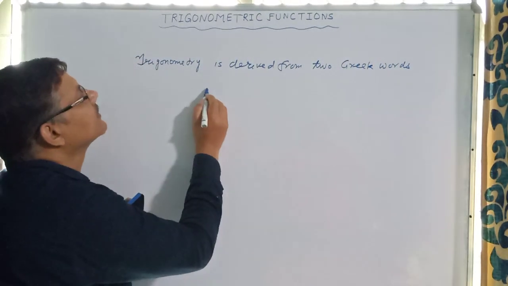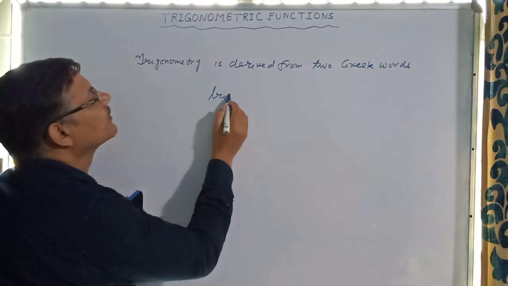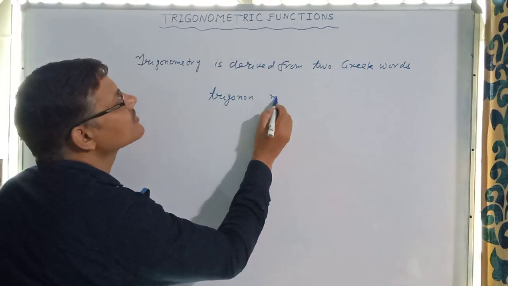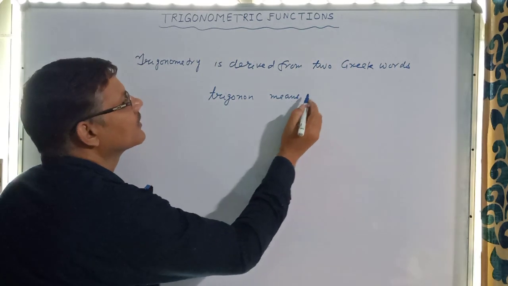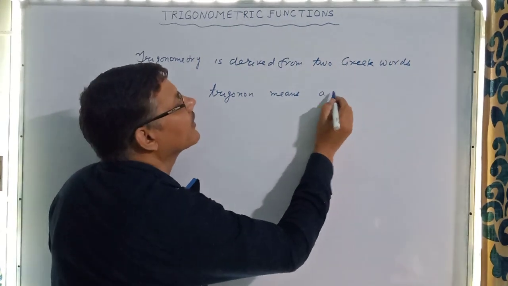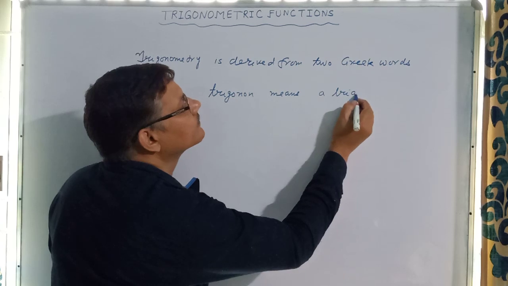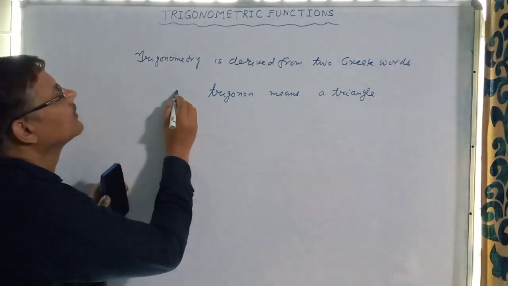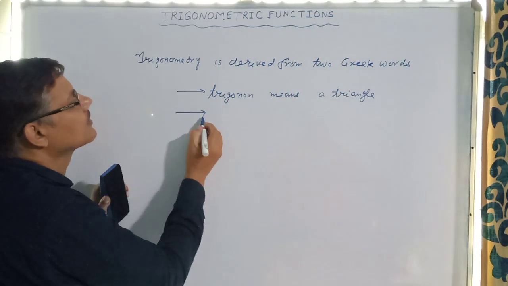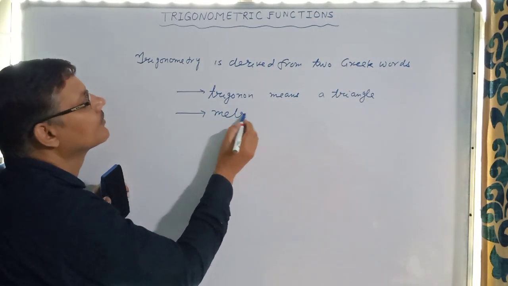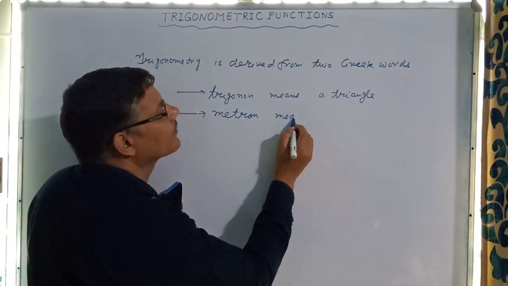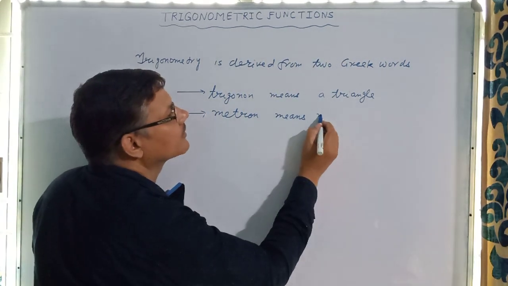One is trigonon, which means a triangle, and the other word is metron, which means measurement.